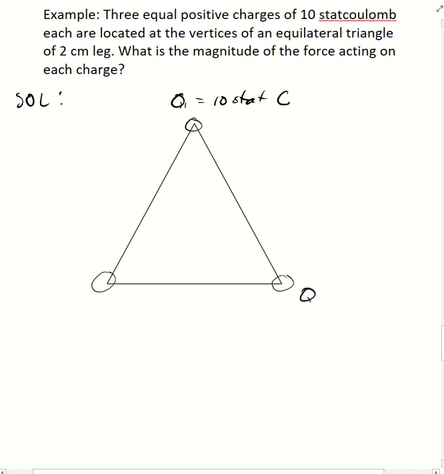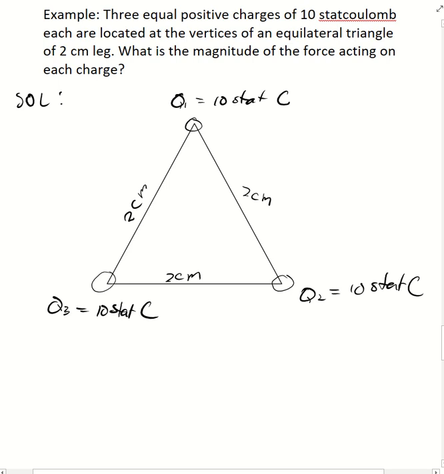This is Q2, which is also equal to 10 stat coulomb, and this is Q3, 10 stat coulomb. Now, the distance between them, the side of the equilateral triangle: when we say equilateral, the sides are all equal, and equal to 2 centimeters. So this length here is 2 centimeters, this is also 2 centimeters, and this is also 2 centimeters.